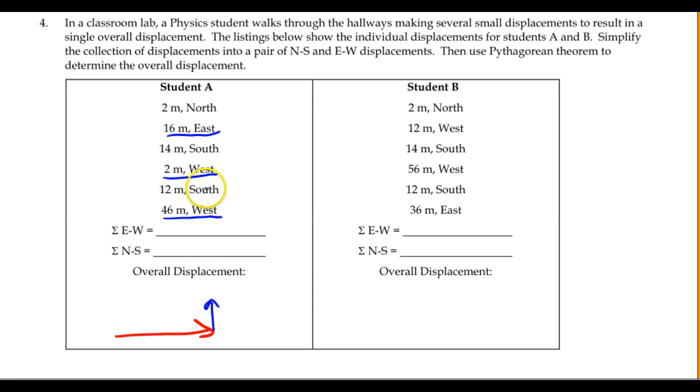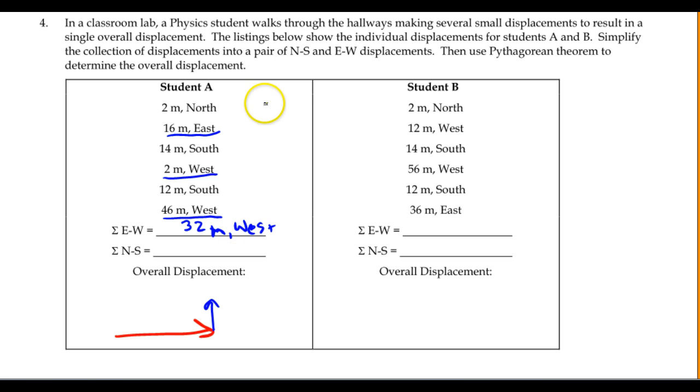Now, I just switched up my colors because I didn't switch my pen, but I'm going to use blue for east and west here. 16 to the east, take away 2 from the west, we're at 14 to the east, and then take away 46 to the west, and we're at an overall of 32 meters to the west.